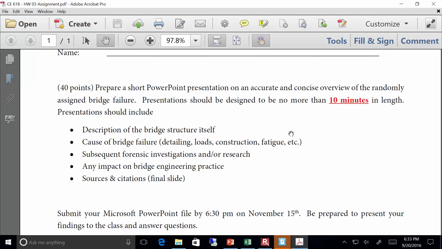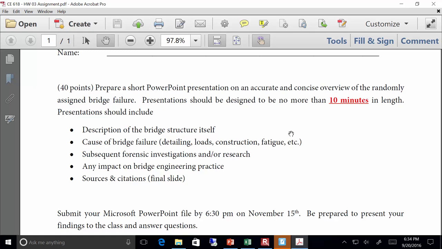Now, we're not doing this for a while, okay? This is the week before Thanksgiving break, so in the November region. It's not going to be a significantly long presentation.